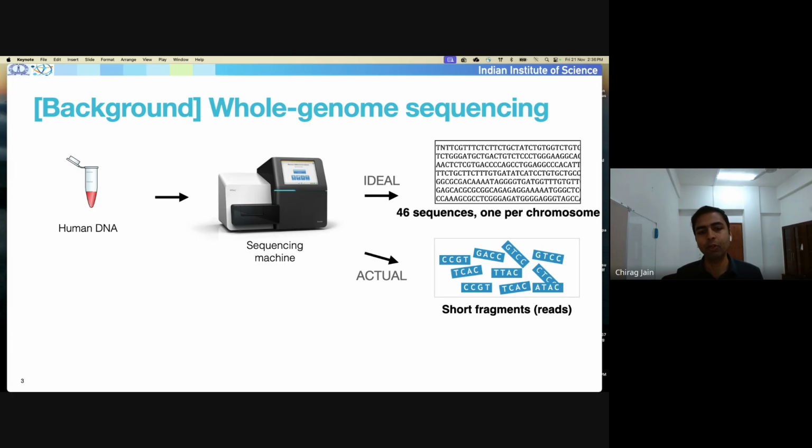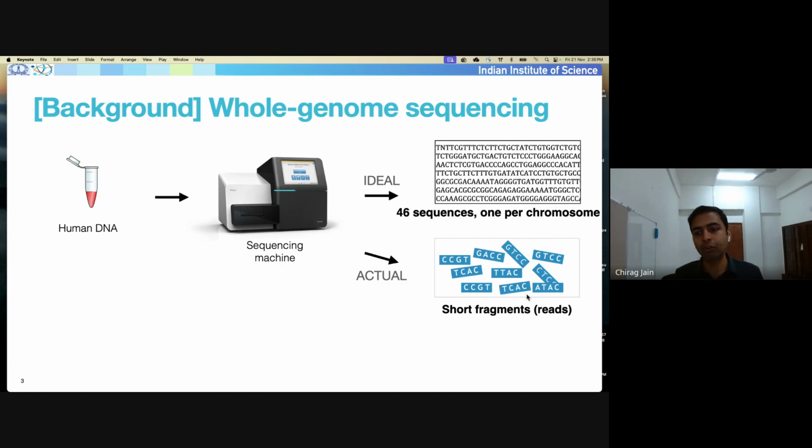But actually, because of technological limitations, we don't get that ideal output. What we get is a large number of short fragments or strings from the genome. These strings would be randomly read by the instrument from random locations of the genome. And what you would have is a large collection of short fragments, which I will refer to as reads during my entire talk.